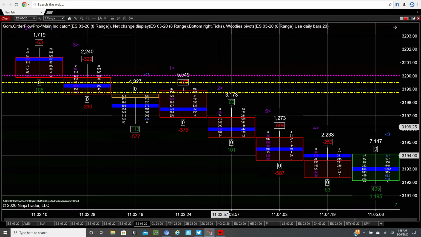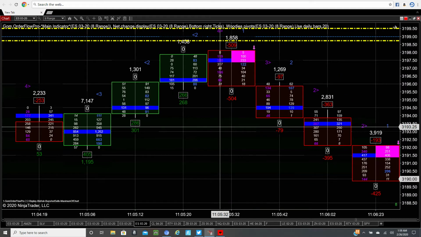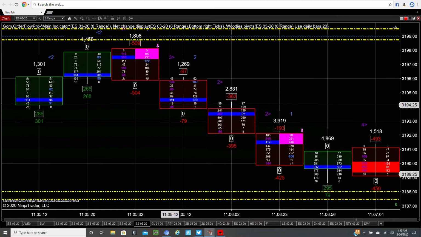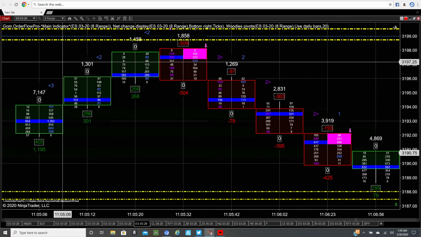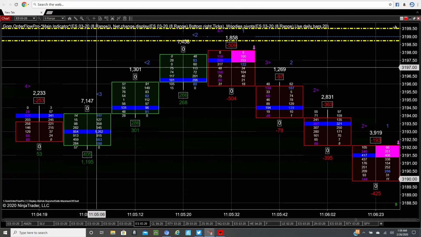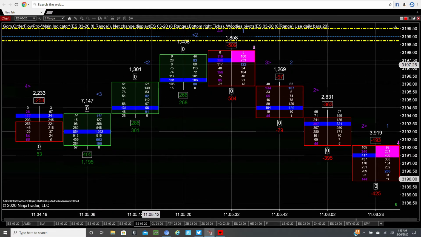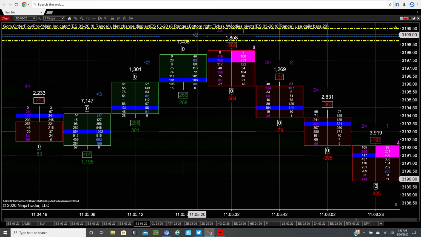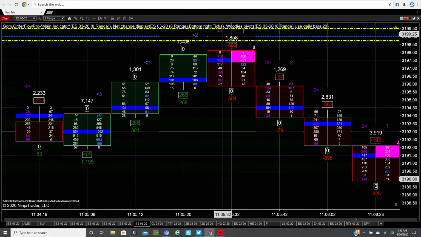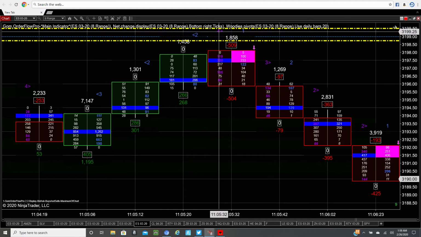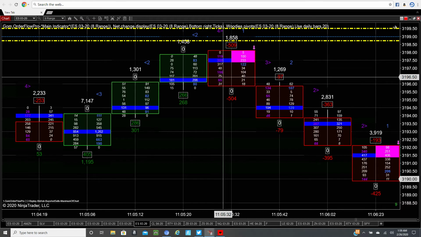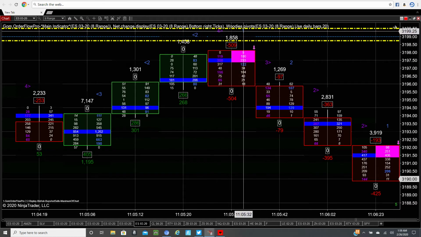Okay, and also, let me scroll through here. Like here, right here, I really didn't intend on doing this, but see how you have 3 positive on the offer, 2 positive on the offer, 2 positive on the offer, and then all of a sudden, bam, you had 4 imbalances on the bid side and only 1 on the offer side.